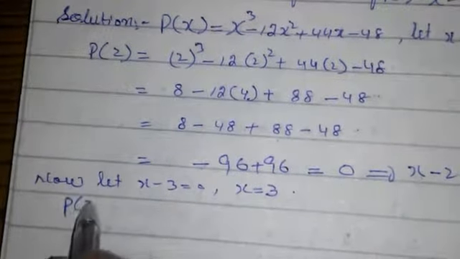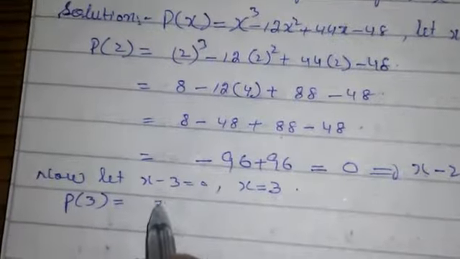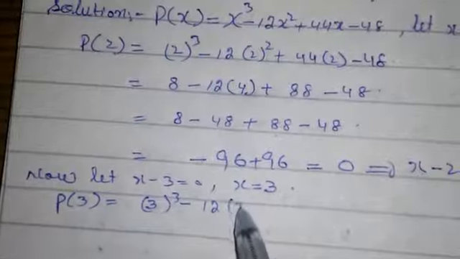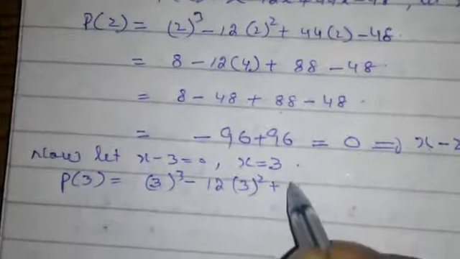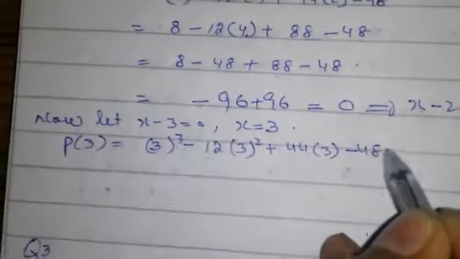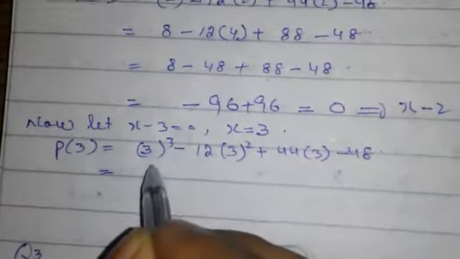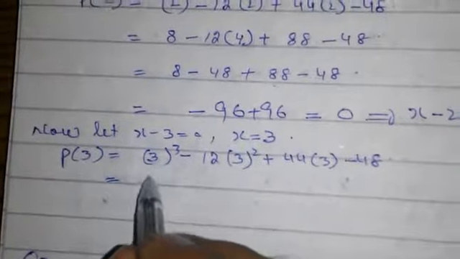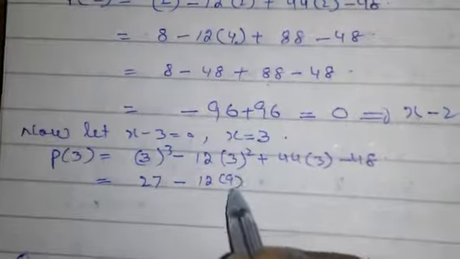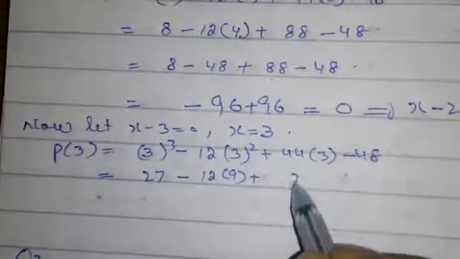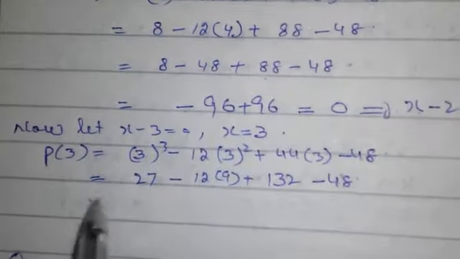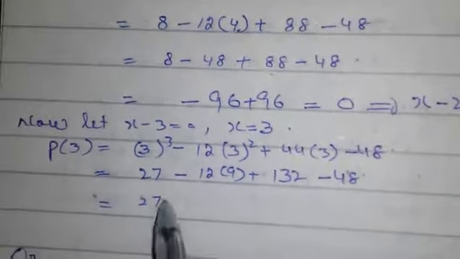Now try p of 3 is equal to 3 cube minus 12 into 3 square plus 44 into 3 minus 48 is equal to 3 3 are 9, 3 9 are 27, minus 12 into 9 plus 3 4 are 12, 132 minus 48.